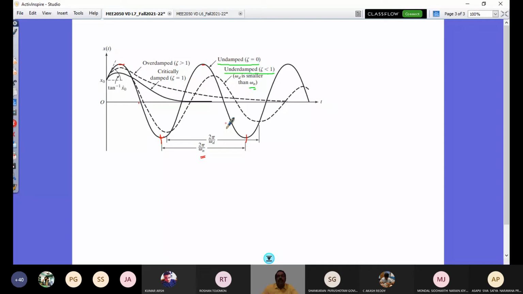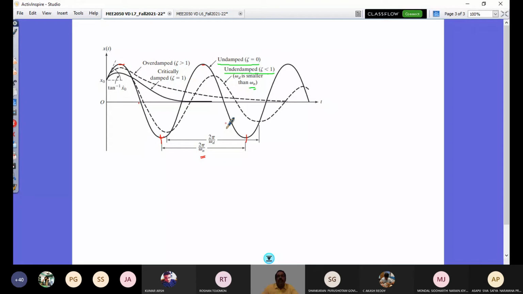So that's omega d into t1 plus tau d, and tau d is 2 pi by omega d. So this is omega d into t1 plus 2 pi by omega d, and this goes out, giving omega d t1 plus 2 pi.